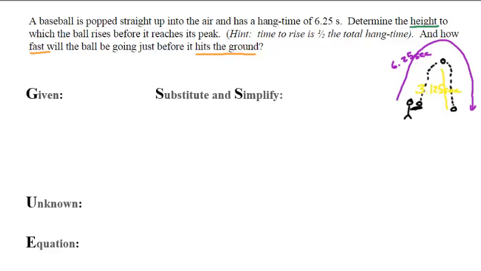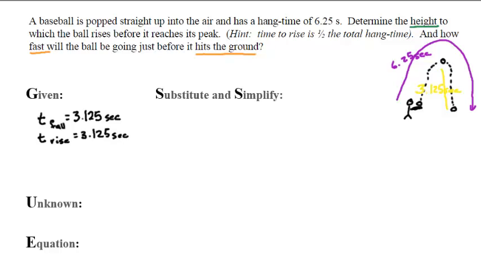Given that we're talking about the y-axis first, the time has no direction, and so the time to fall equals 3.125 seconds, or the time to rise is 3.125 seconds.